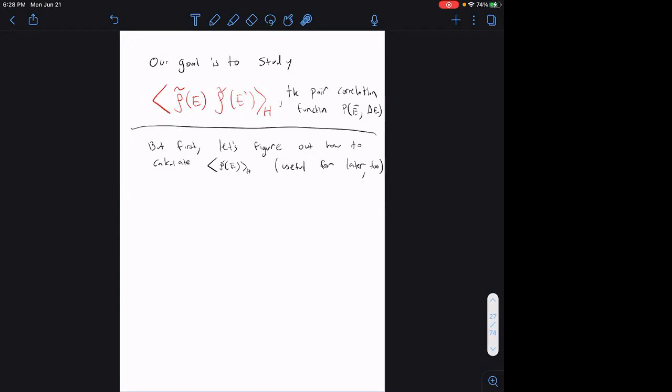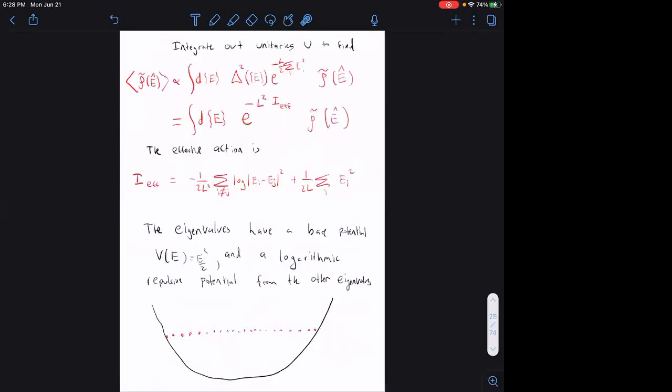Some of this math of how to derive it is going to be pretty useful in a later lecture, so I'll go through it a little bit now. As an example, we're first going to ask, how do we calculate the average of rho tilde of E? I've given the E label a hat, to say this is the external energy and the observable, to differentiate it from the E's we're integrating over when we average over the H's.